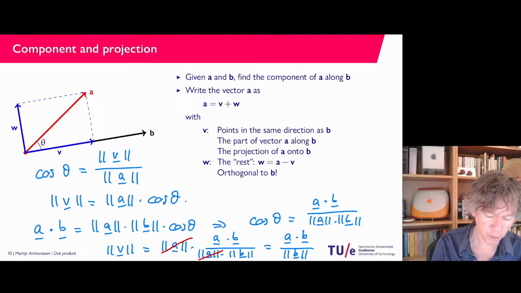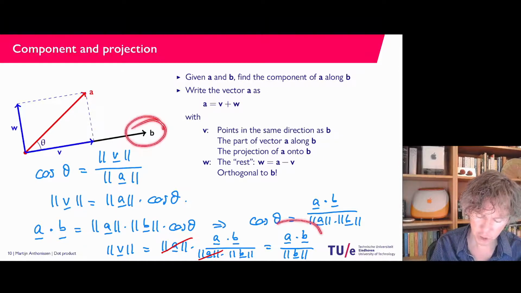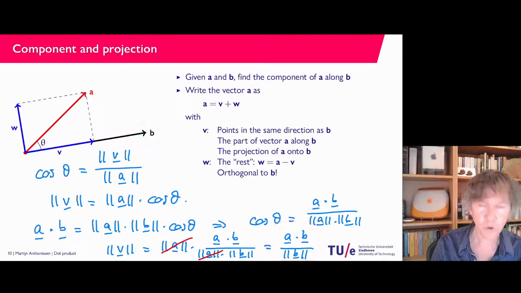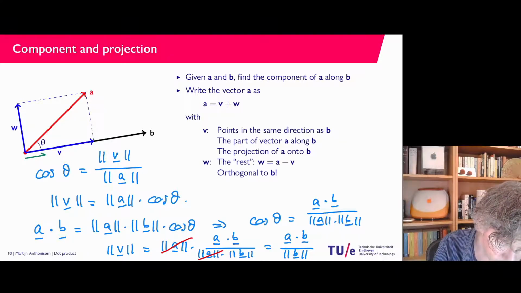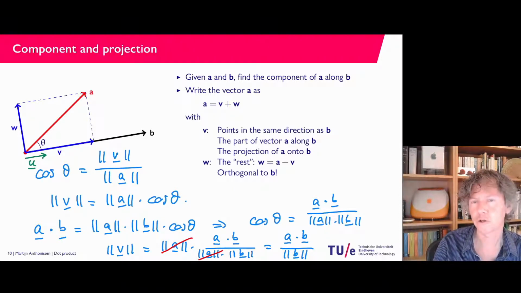Because if I want to have a vector that points in the direction of B and has precisely this length, then what I should do is compute the green vector u here that has length 1 and points in the direction of B.